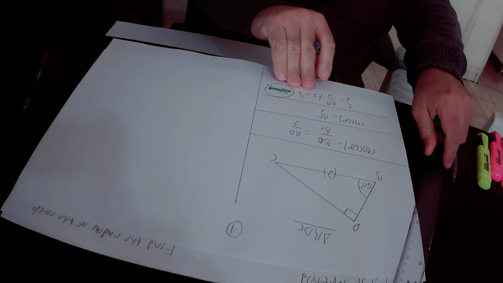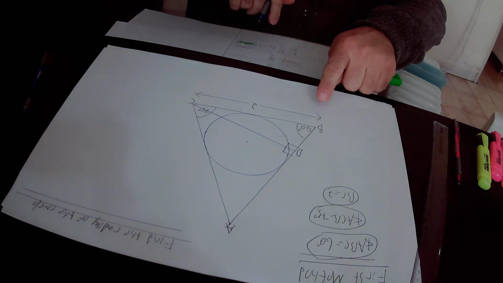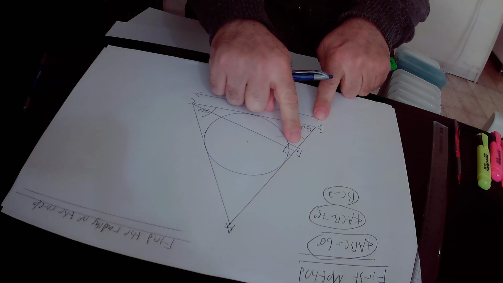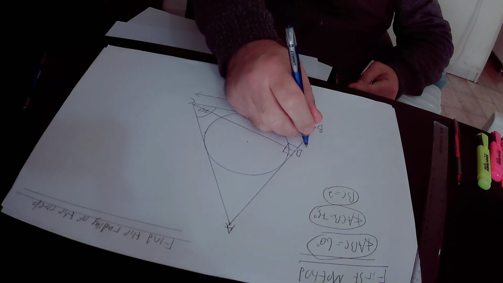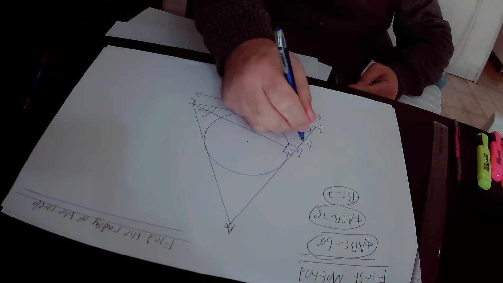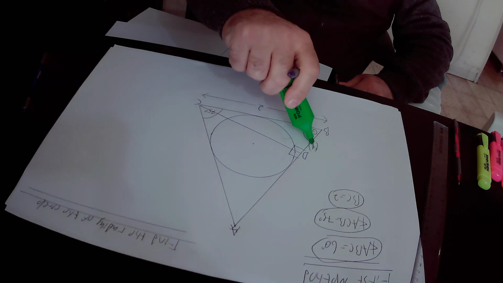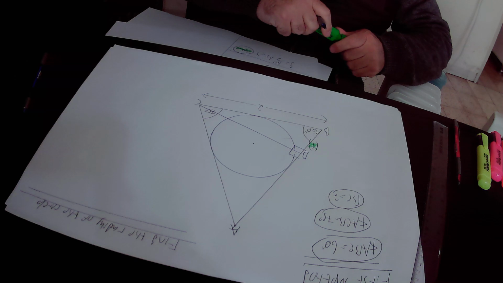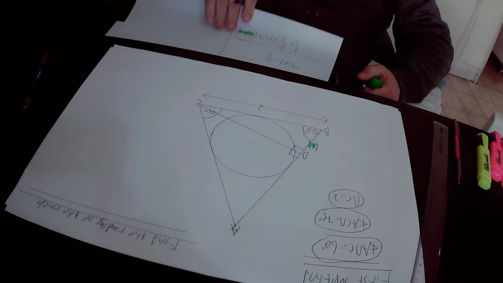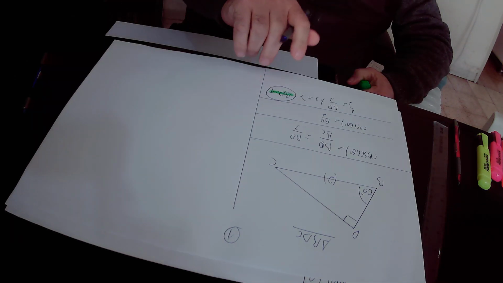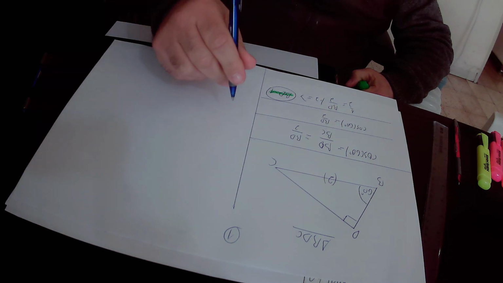So this line segment BD equals 1 unit in its length. We'll continue to focus on the right triangle BDC.